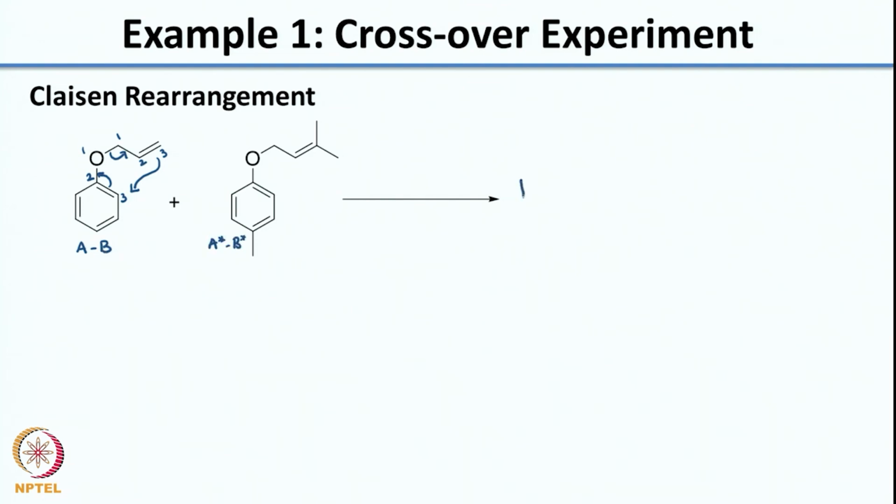The product that you get, if it is an intramolecular rearrangement, would be this, and of course this would tautomerize to give you the corresponding phenol.